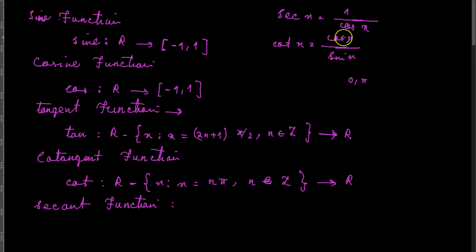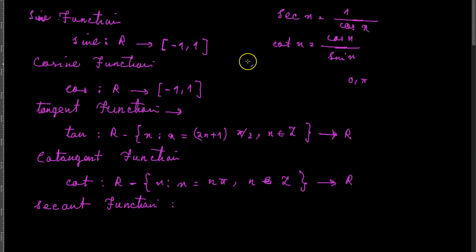So cos is 0 at pi by 2 and 3 pi by 2, right? At pi by 2 and 3 pi by 2, your cos is going to be equal to 0.